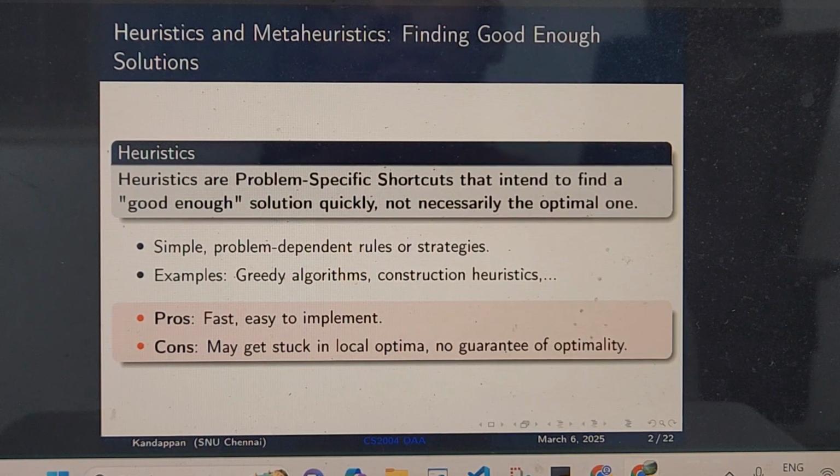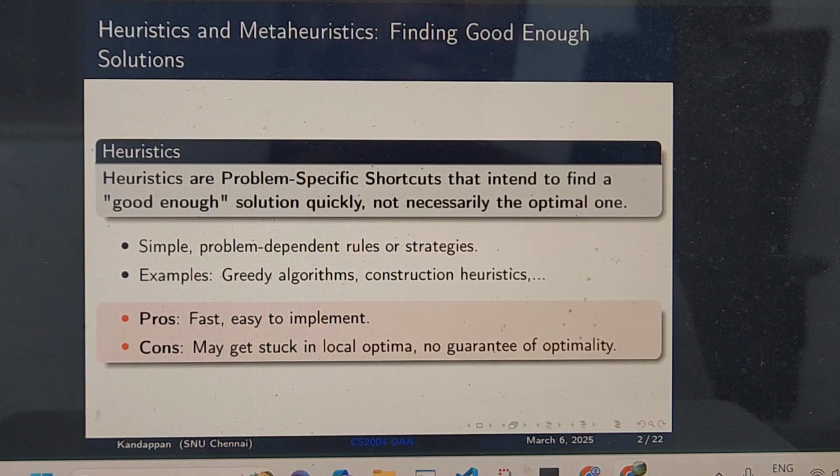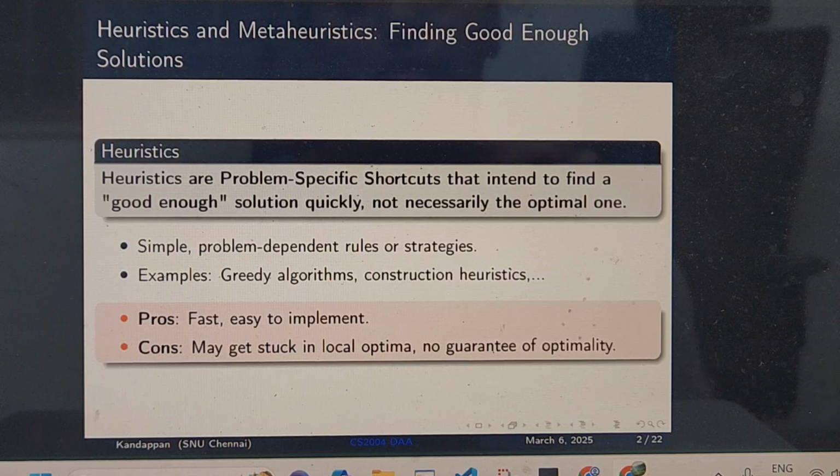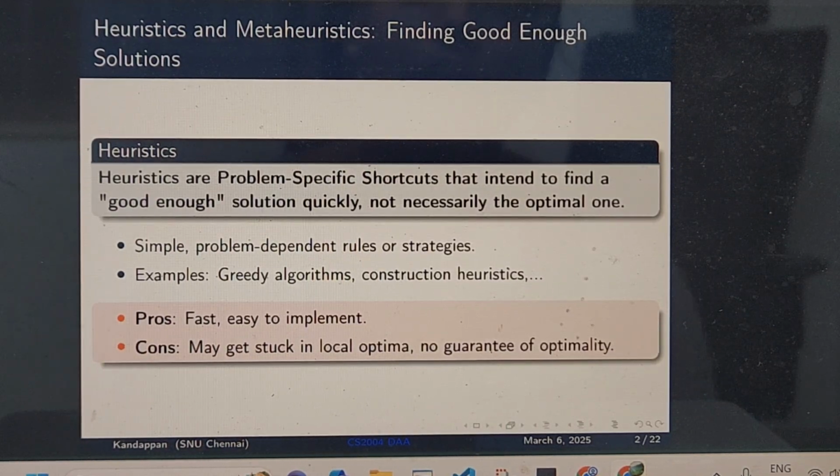So now, if you remember backtracking, what we did was we explored all possibilities in the state space tree one by one, and whenever you encountered something which is invalid, you pruned that, but all the valid states had to be explored.